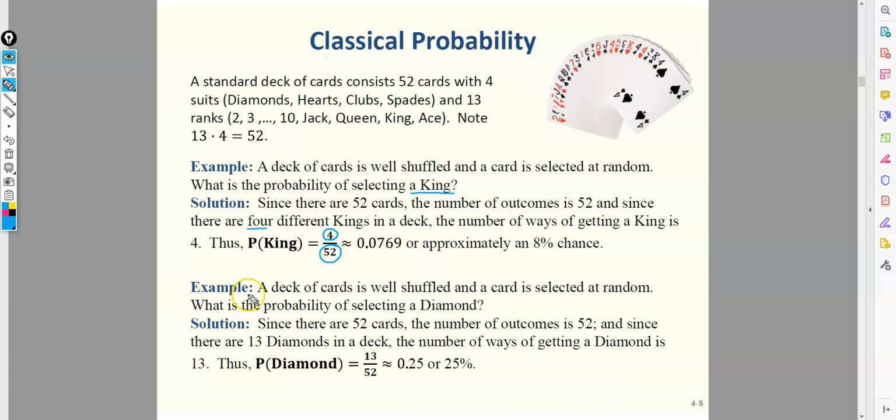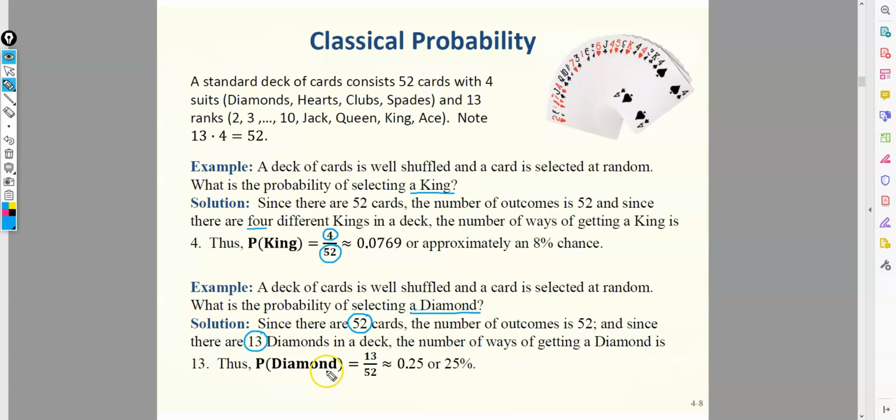In this example, we want to ask ourselves, what is the probability of selecting a diamond? Well, same procedure. The number of possible outcomes is 52. That's the size of our sample space. Of these 52, every card has an equal likelihood of being drawn, and in this 52, there are 13 diamonds.